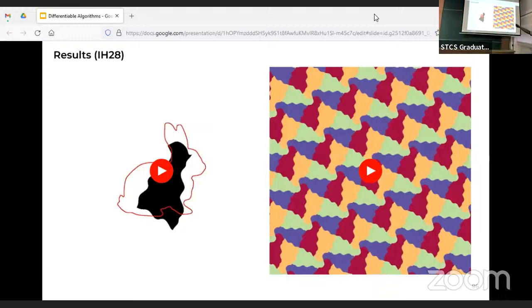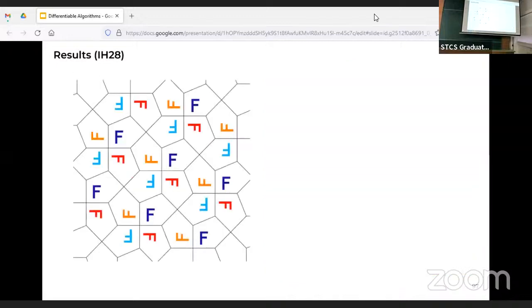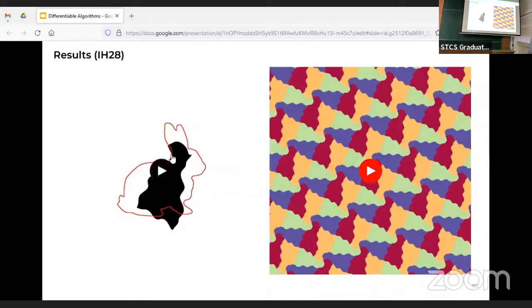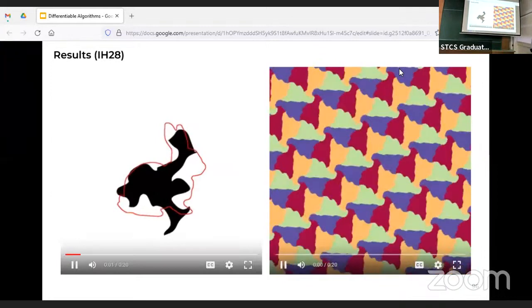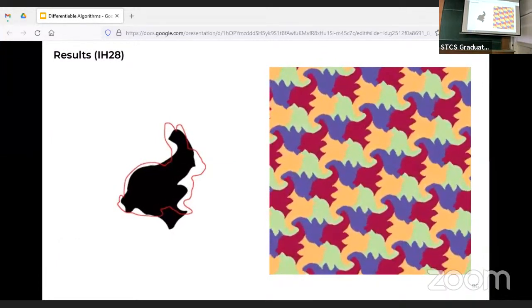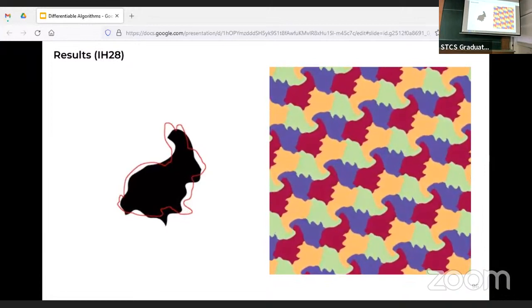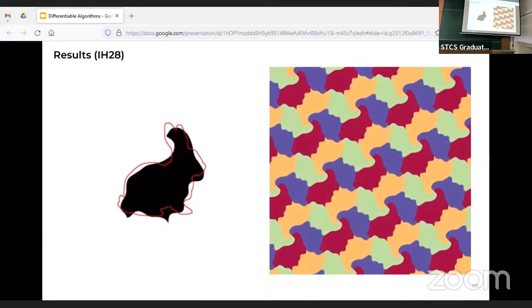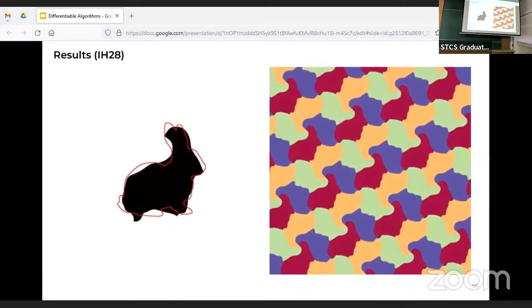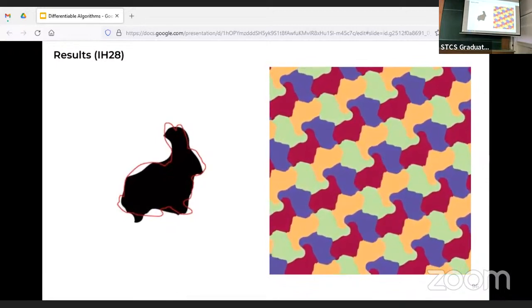The black is what it's trying to learn, and here is the tiling along with it. It has a guaranteed tiling here. The tiling is perfect, and it tries to learn a rabbit shape. This particular rabbit shape has a tiling.